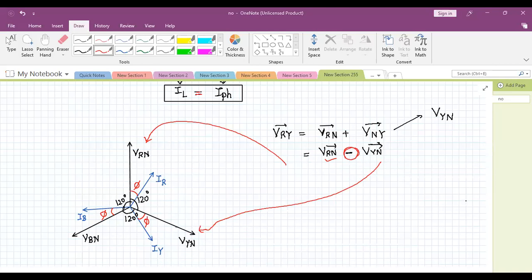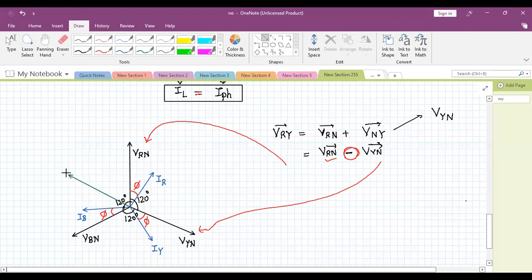So what you have to do is take the opposite of this VYN. Now I will draw the opposite of this VYN. Understand carefully. Just a second, I will take another color. So that is my minus VYN.